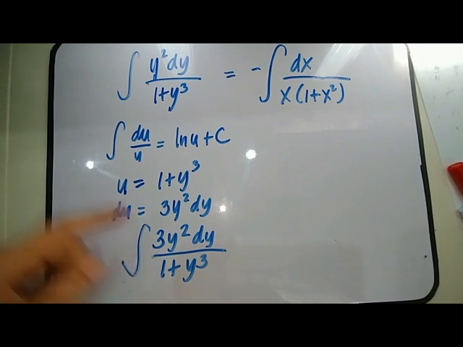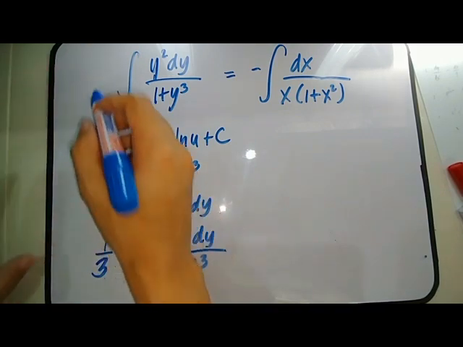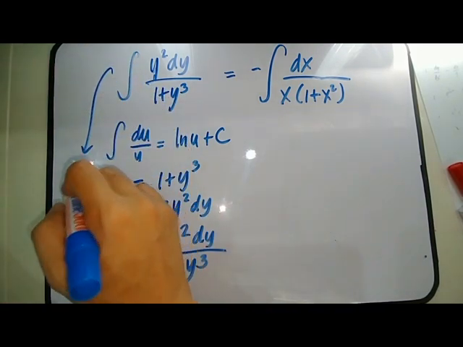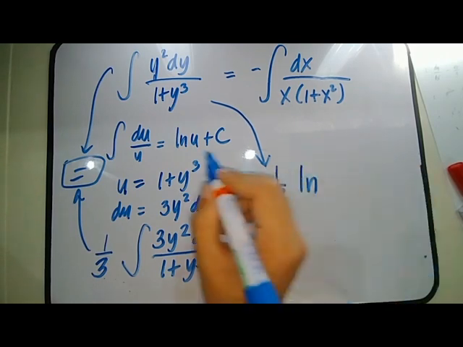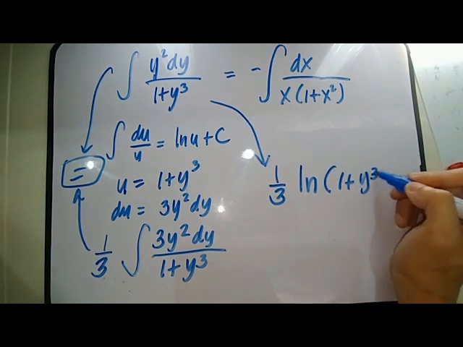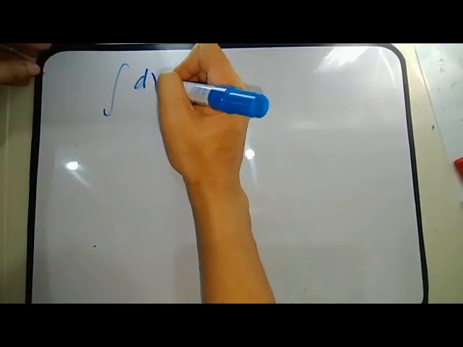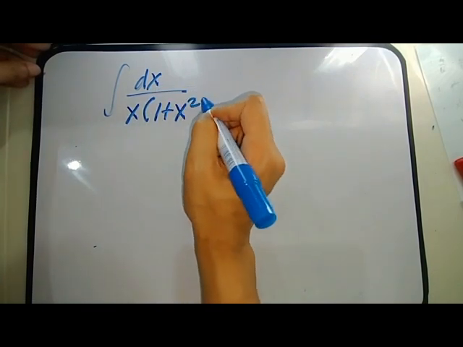Here we have 3, but in the original we don't have, so we just multiply this by 1/3 to balance this out. Therefore, these two are equal. So you have 1/3 ln u, and we substitute u as 1 plus y cubed. Then the integral of dx all over x times the quantity (1 plus x squared).